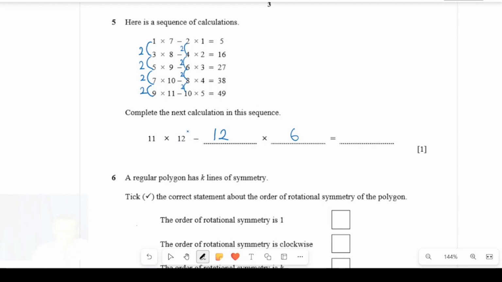If you look at this and this, both are multiplied by 12, so we can bring out 12. So take away 11 minus 6. The answer is 12 times 5. So the next term is 60.